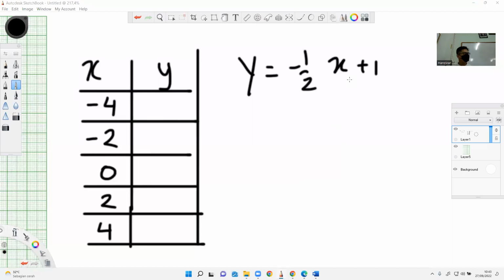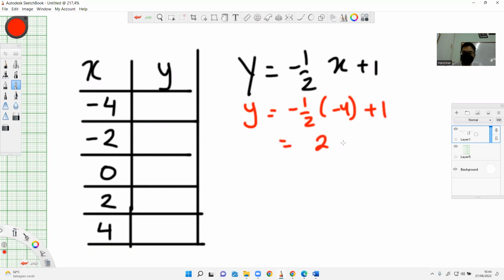Hey guys, so let us discuss the answer about this. For those who still don't get the idea, I hope that my explanation will help you to solve this. So how do you calculate y if x equals negative 4, right? Negative 1 over 2 times negative 4 plus 1. So 2 plus 1, 3, right? Okay, just check.